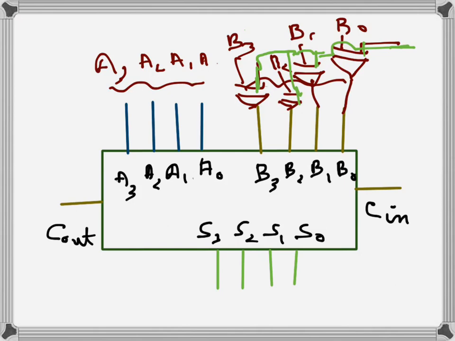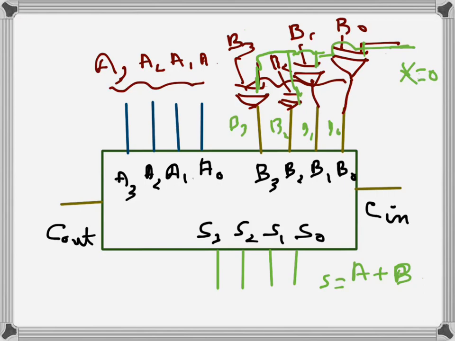So when this, let's say this one is X, and when this is 0, what's happening is we have B3 here, B2 here, B1 here, and B0 here. So no inverting is happening. So the S will be A plus B basically.